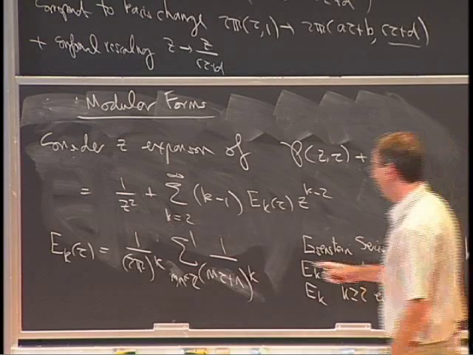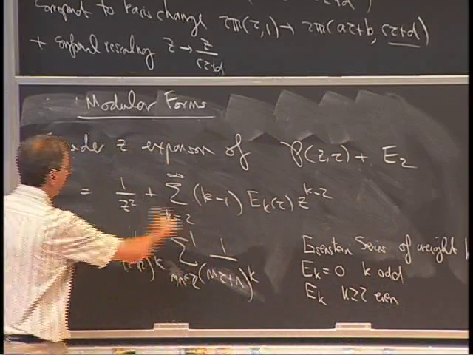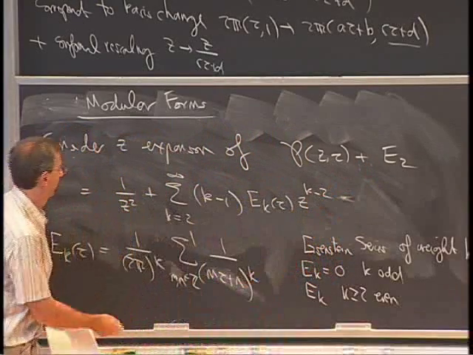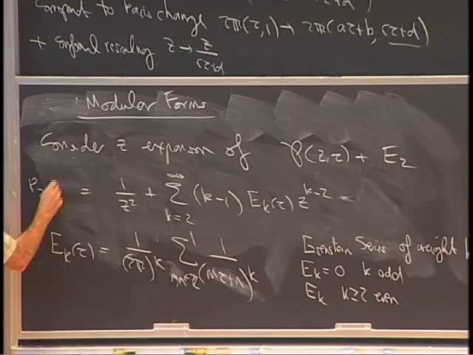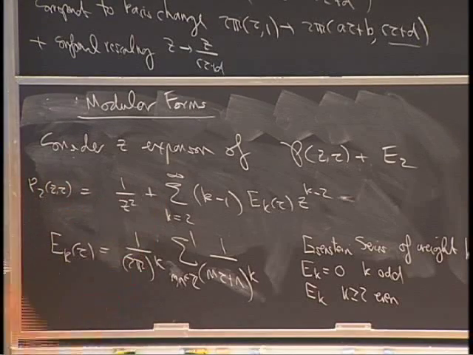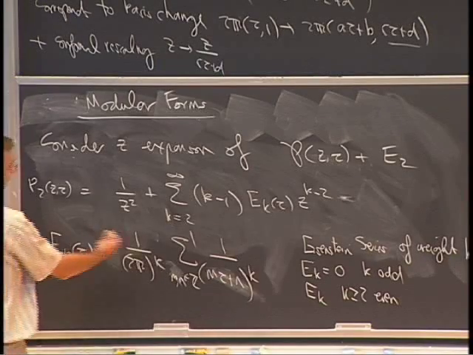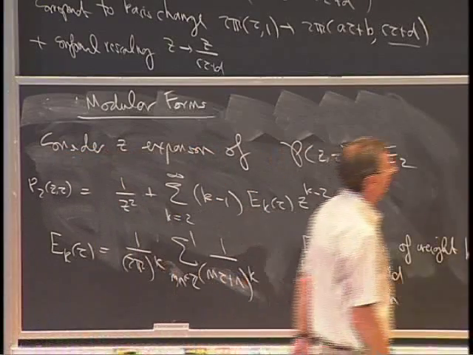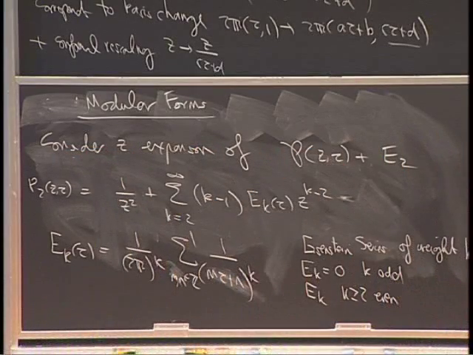If I ignore the E2 term, then we have an expression for curly p, the Weierstrass p function, and from the modularity of p, I get that the Eisenstein series are modular forms.